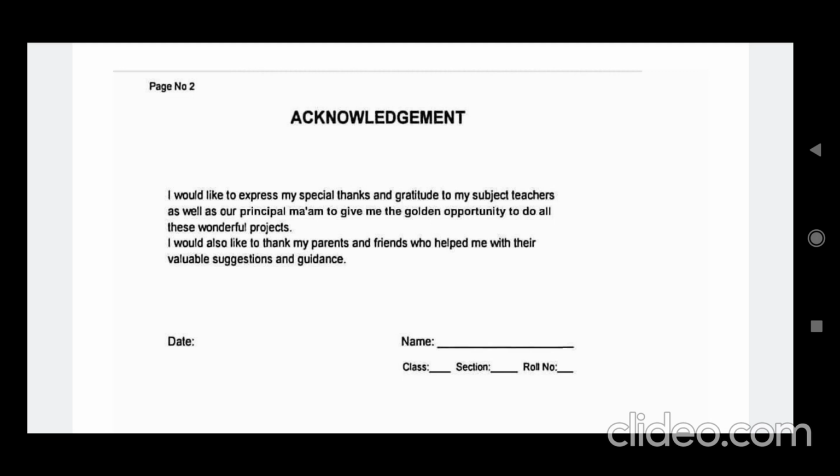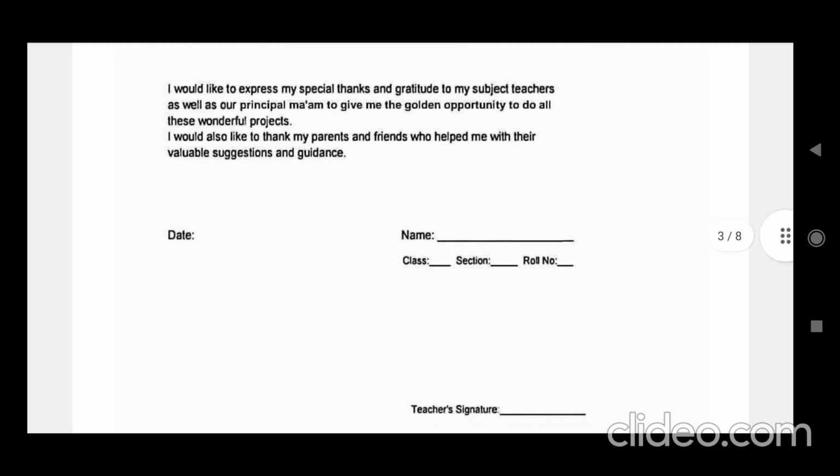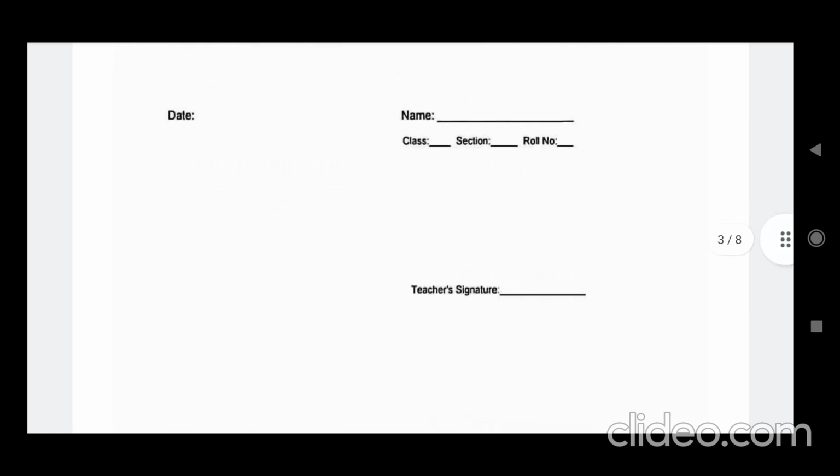On this page you will write, I would like to express my special thanks and gratitude to my subject teachers as well as our principal ma'am for giving me the golden opportunity to do all these wonderful projects. I would also like to thank my parents and friends who helped me with their valuable suggestions and guidance. Then you will write your name, class, section and roll number, and you will also mention the date. You will leave a space for the teacher's signature on the acknowledgement page.